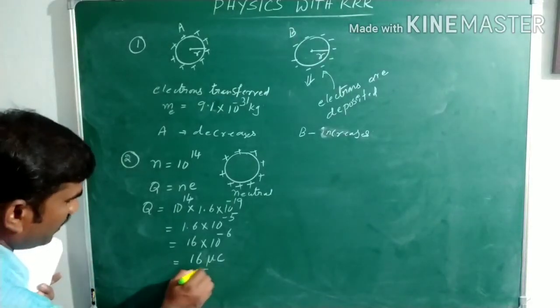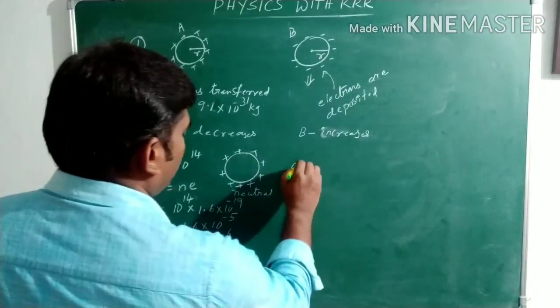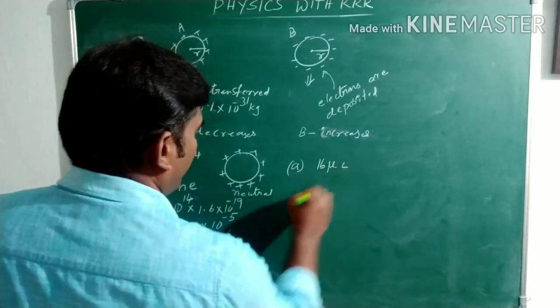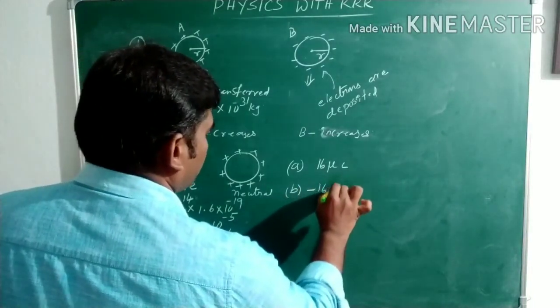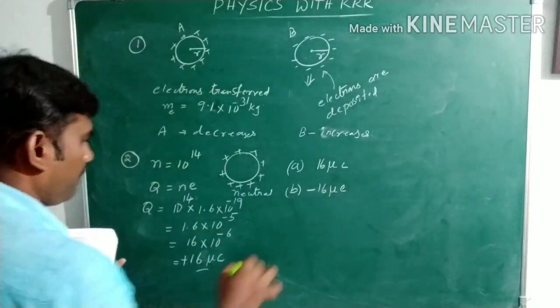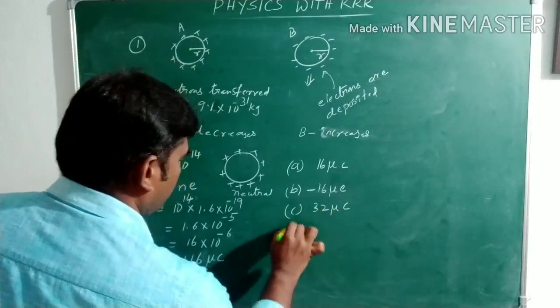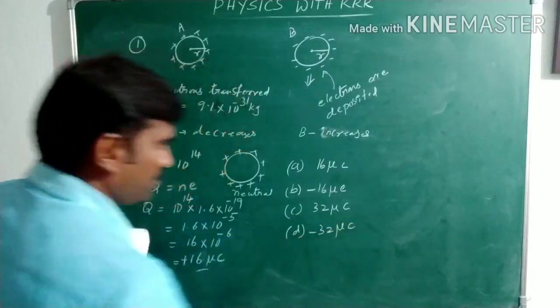Now, what is this charge? Positive charge. So option A is 16 microcoulomb, option B minus 16 microcoulomb, option C 32 microcoulomb, and option D minus 32 microcoulomb.